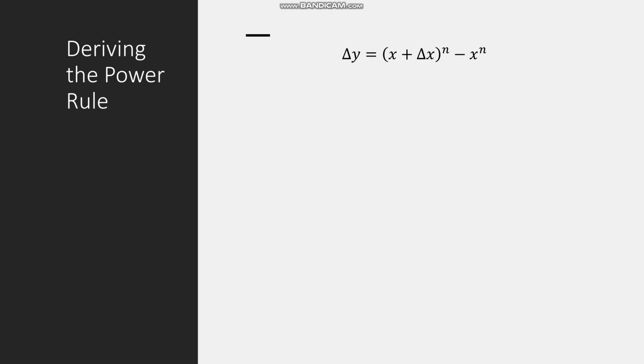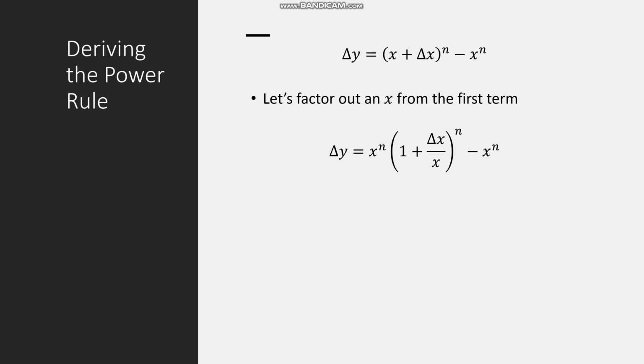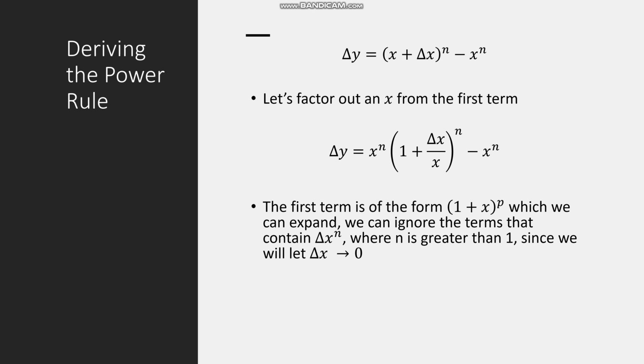To figure this out any further, we're going to first factor out x to the n from the first term. And with that, we're left with this. So now, if we know the series expansion for the function 1 plus x to the p is what you can see right here, we can expand it.